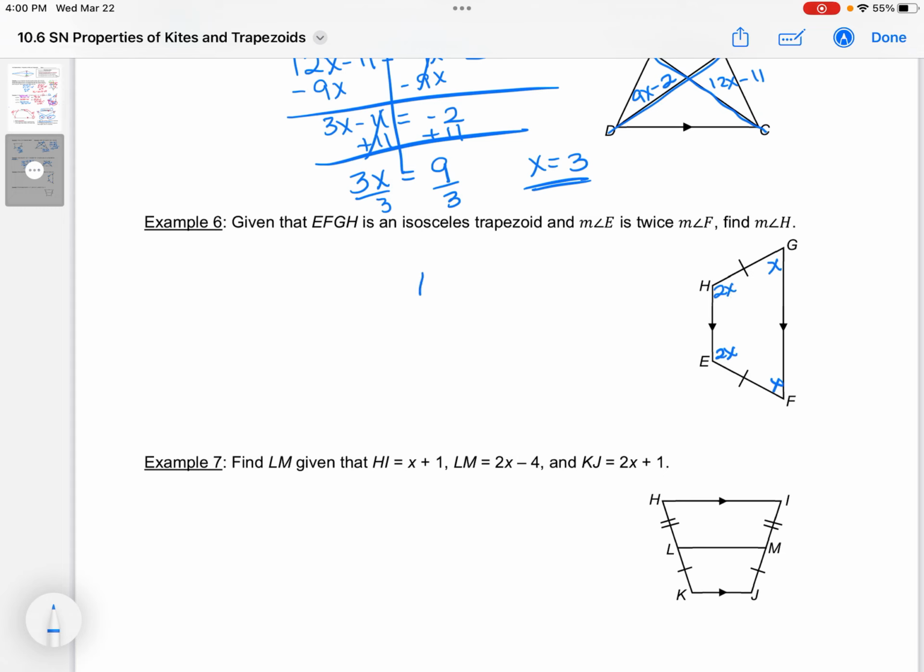So I have 1, 2, 3, 4, 5, 6X, and that has to add up to 360. Divide by 6, and I end up with X equals 60. So that means my small angles are going to be 60, and my larger angle is going to be 120 because it's twice as much. So the measure of angle H equals 120.